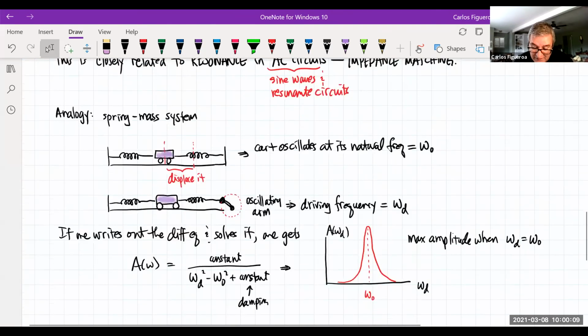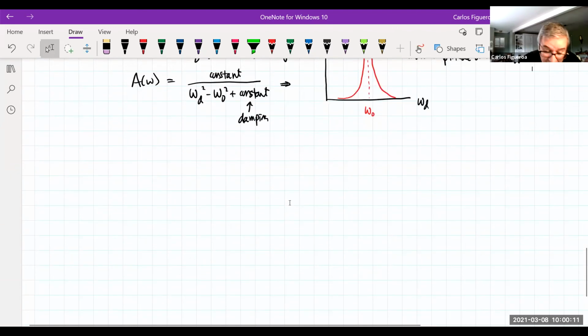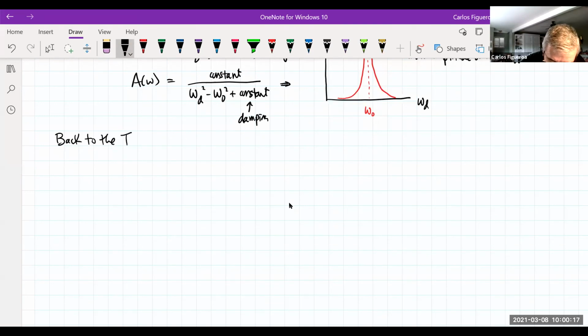So let me give you an example here. Check this out. Back to the Thevenin circuit.